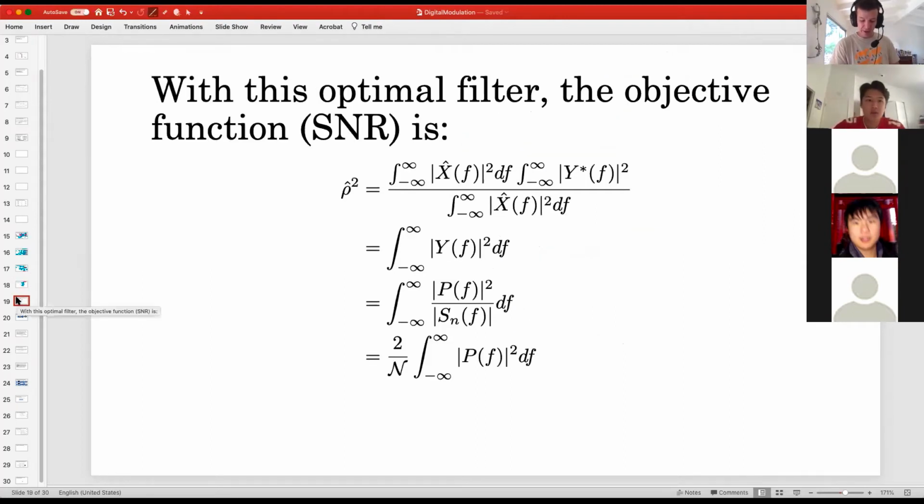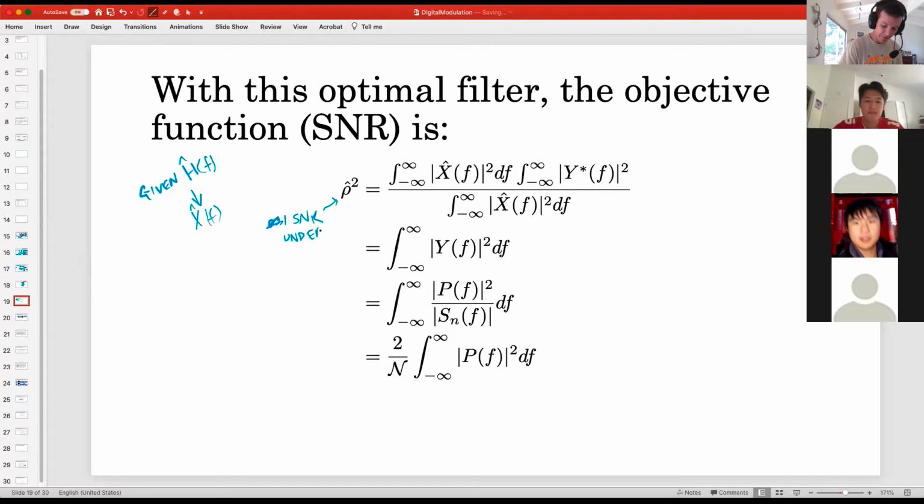So now that we know what the optimal filter should be, given H hat of f, we can actually go back and compute X hat of f. And it turns out that our expression for rho, rho also has a hat now, is the SNR under optimal filtering.